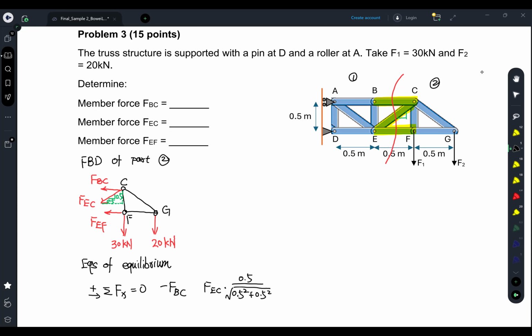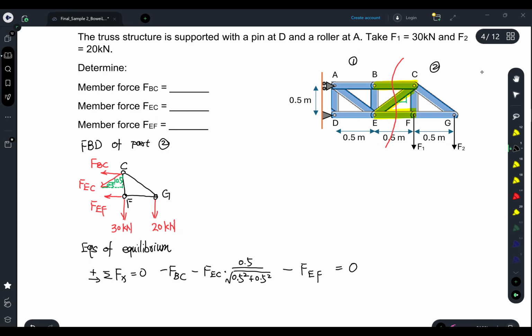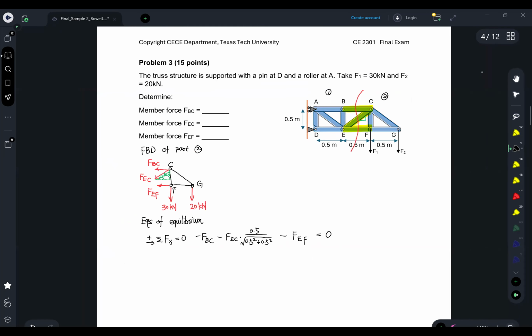Since the x component is going towards the left, it is negative. We also have FEF here, negative again. This is the summation of forces along the x direction.